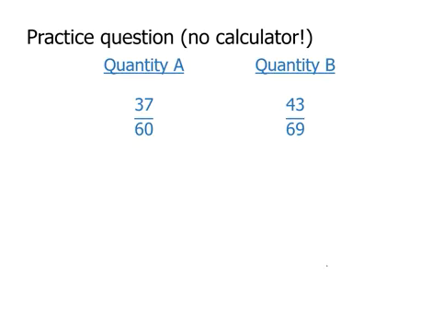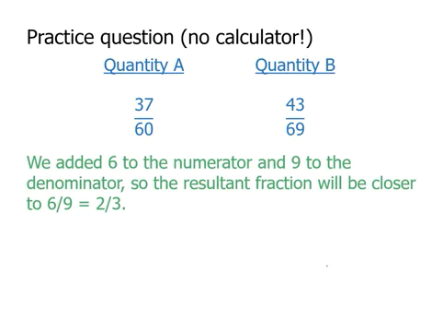Here's a practice question. Try to do this without a calculator. Okay. Well, notice a few things. We added 6 to the numerator and 9 to the denominator, so the resultant fraction will be closer to 2/3. Well, where were we starting?